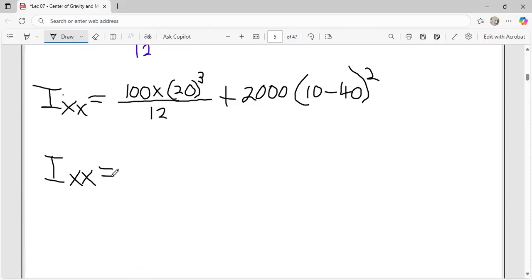Then bring the cursor down to the denominator, all over 12, plus, shift the cursor to the right-hand side, plus 2000, open a bracket, 10 minus 40, close the bracket and square it.